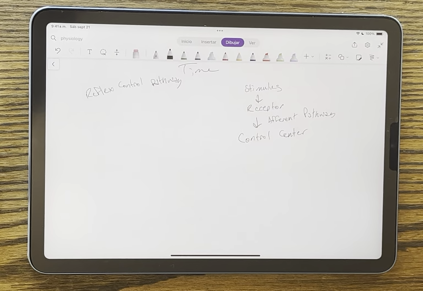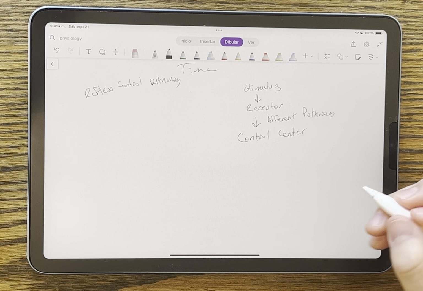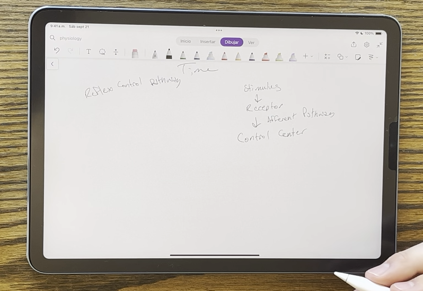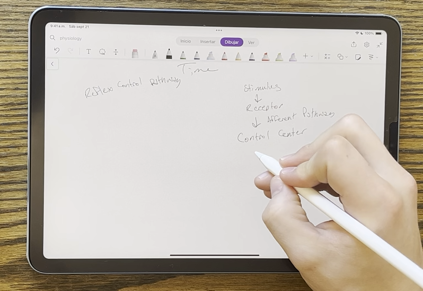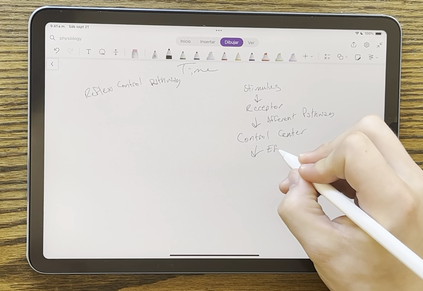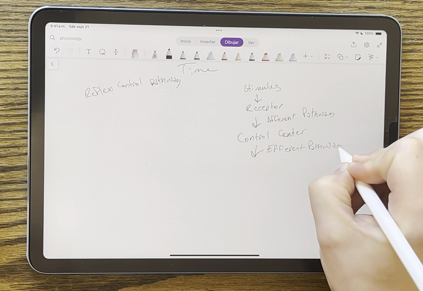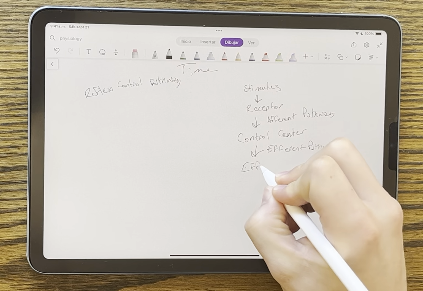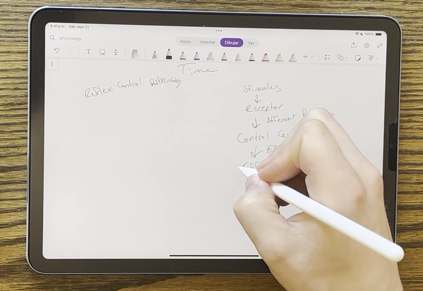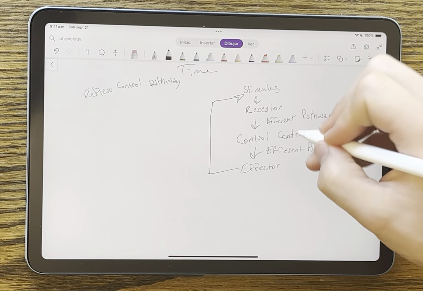Lots of times in the body, the control center is the brain, but depending on the system, the control center can change. For example, with insulin, the control center might be the pancreas. From the control center, through an efferent pathway, it signals an effector to either be released or to change something. That effector goes back and affects the stimulus, therefore repeating the cycle.